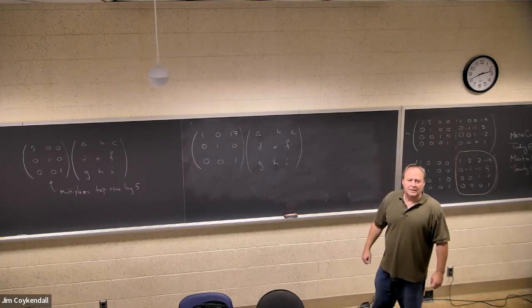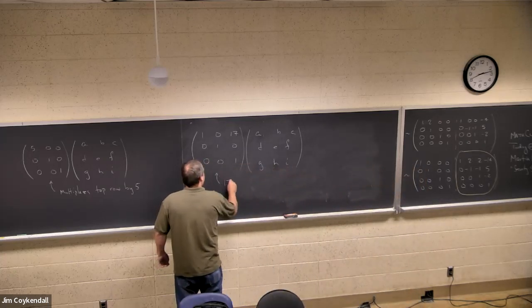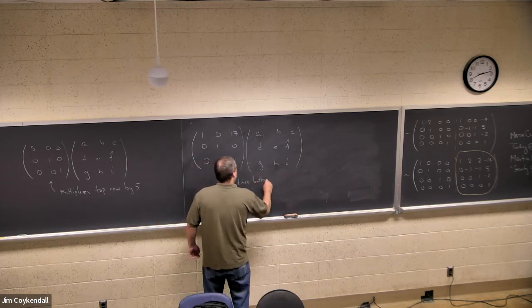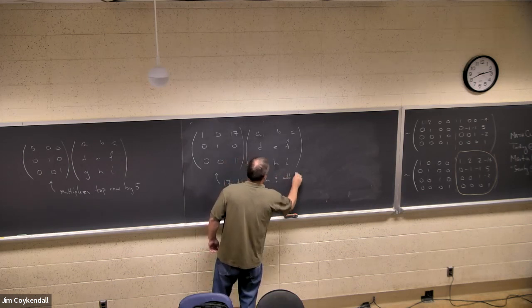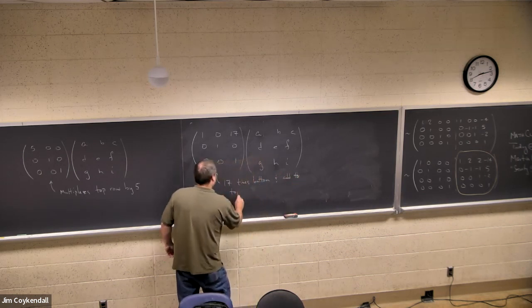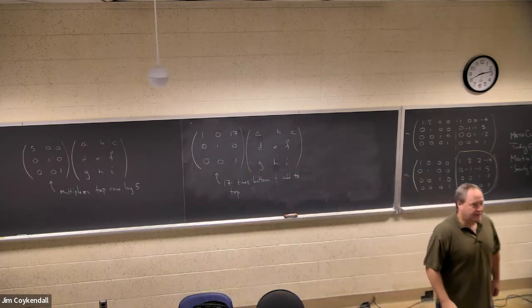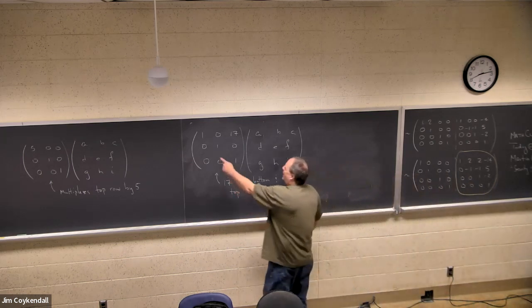Yes, it takes 17 times the bottom row and adds it to the top. Because look what happens here.